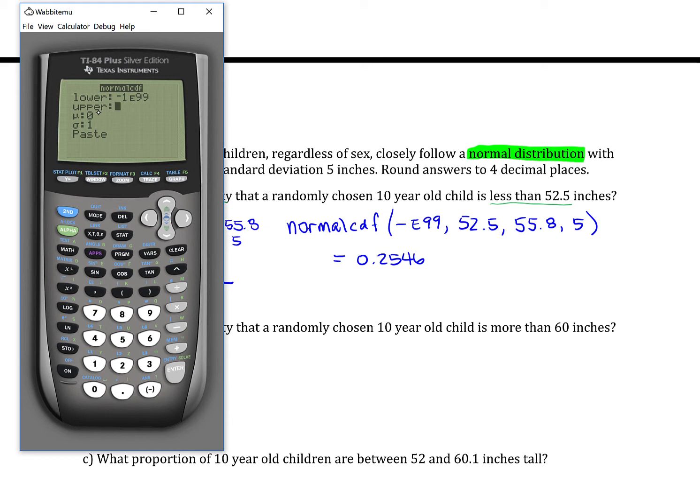So of course the lower and upper bounds, and then the mean and the standard deviation. It doesn't make the calculator work in any different way, because after you hit paste, it just puts on the home screen that information right into normal CDF and then runs the function for you.